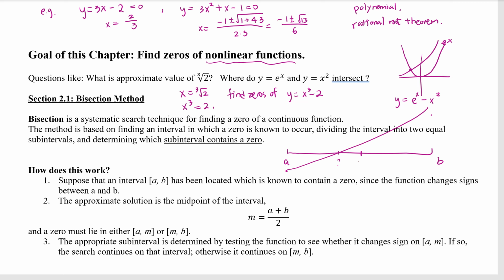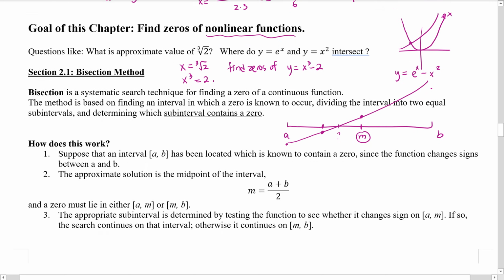And then at the midpoint we can evaluate f of m. If f of m is positive, then we know the root must be between a and m, right? And then we cut it in half again and evaluate. So we realize, oh, f of this number is negative, then we know the root must be inside this subinterval. So each step we cut the interval in half. Okay?